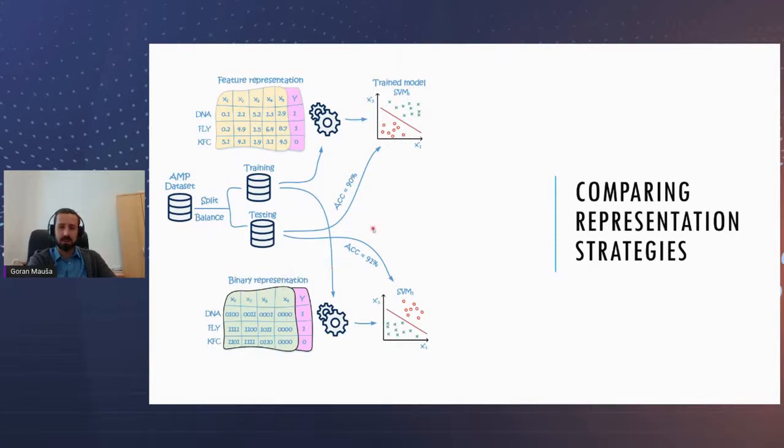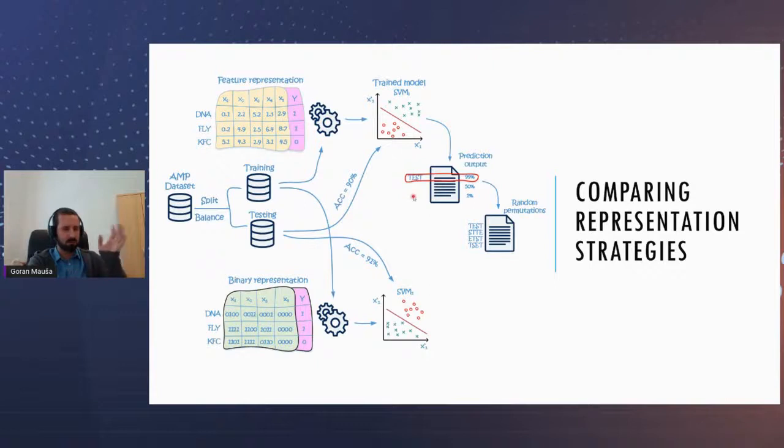But then we said, okay, let's take one of the peptides from the training set. Let's assume its name is TEST, and its probability of being antimicrobial is 99%.